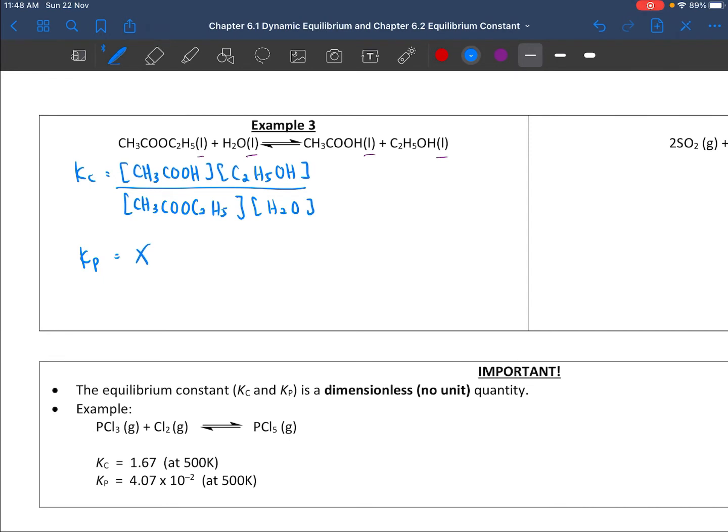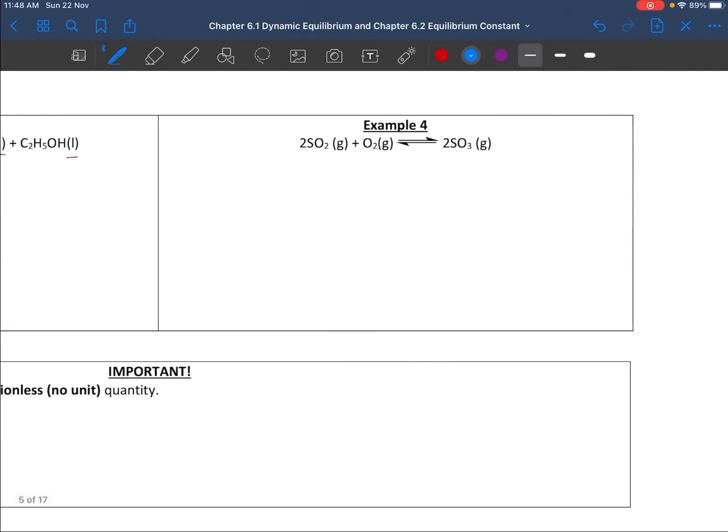Okay, and then next one, example 4. For example 4 it is the same. KC equals the concentration of SO3 gas, but in front there is a stoichiometry of 2, so to the power of 2, divided by the concentration of SO2, which also has 2, so to the power of 2, times the concentration of O2 to the power of 1. So that is KC.